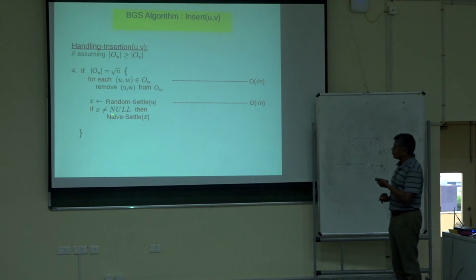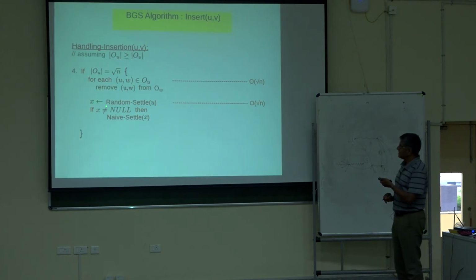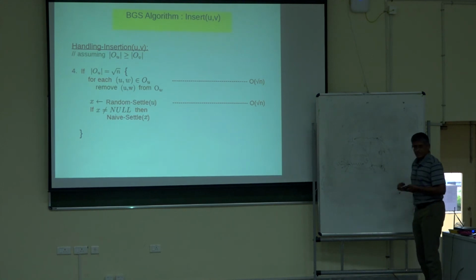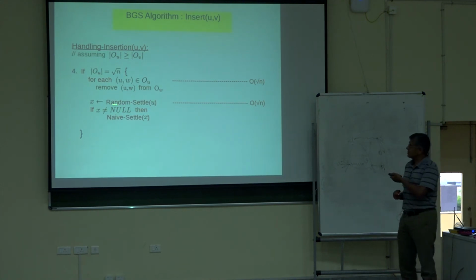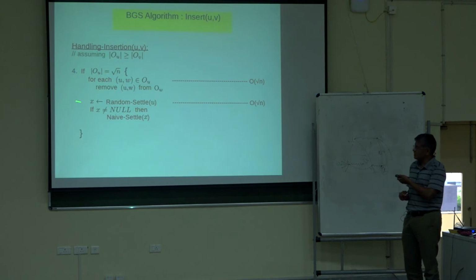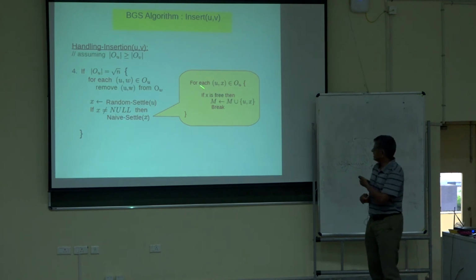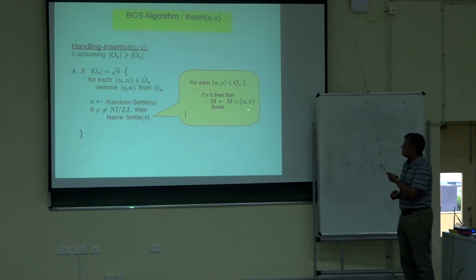And so what do we now do? Let's observe one of the properties. If x is not null, you recall that the ownership list of x is small, smaller than root 10, and you just find a mate for x among its ownership list by checking if anyone is free.